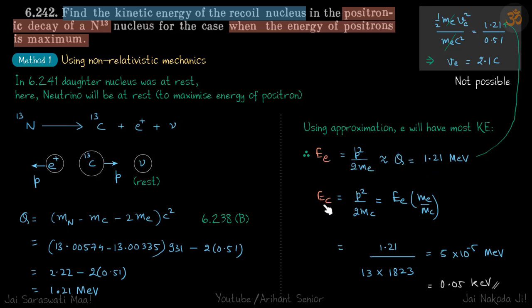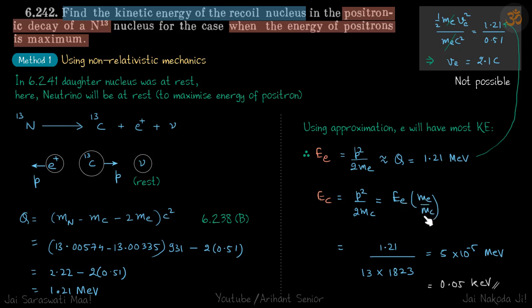And energy of the daughter nuclei is now P square by 2mc, and we'll put the value of P from here to here. So P is root of 2me into Q, so P square is 2me into Q. Divide by 2mc, so it will reduce to Ee into me by mc.